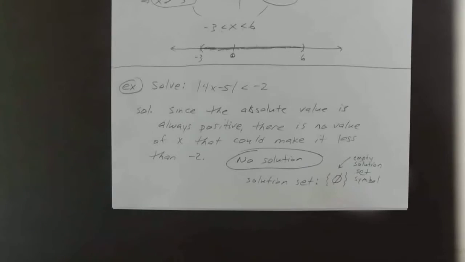Alright, so if you see that the absolute value of something is less than a negative number, before you start all the work, just remember that it can never be less than a negative number.